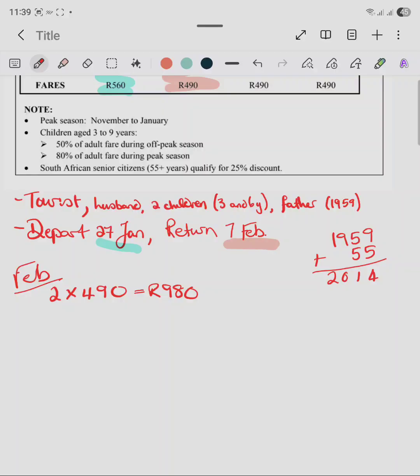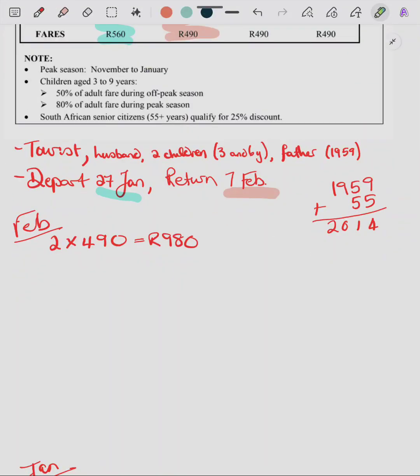We now need to do the children. We are told in this case that because February is off-peak, right, because peak was January, they're going to pay 50% of the price. So 2 children, 50%, or you could say half, 50 over 100 of 490. And that will give me the cost of 490 in total.